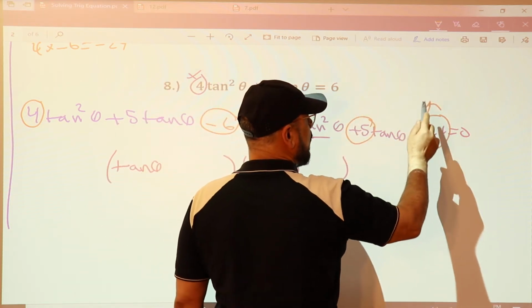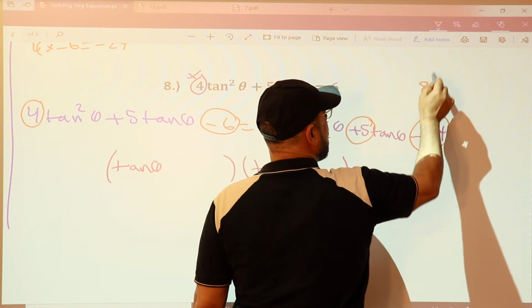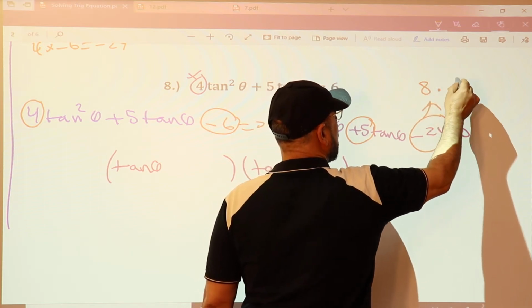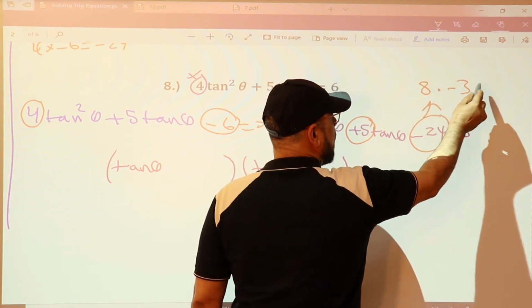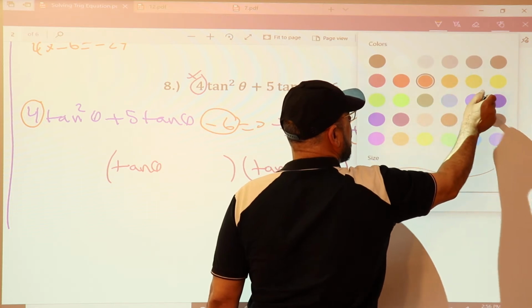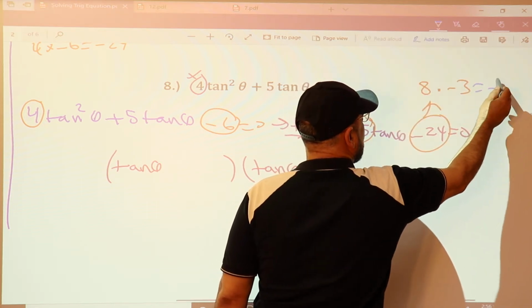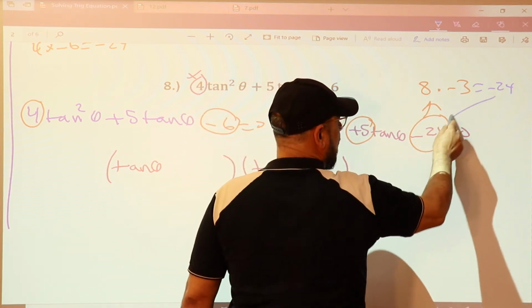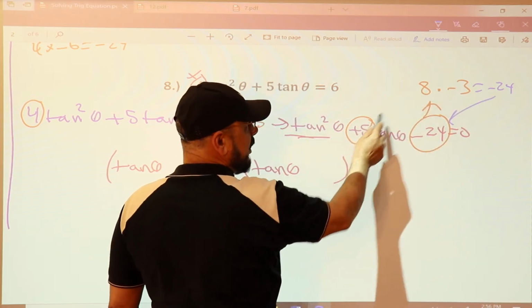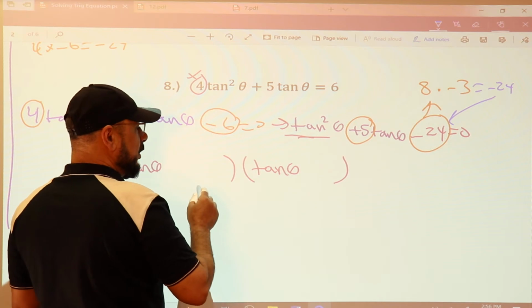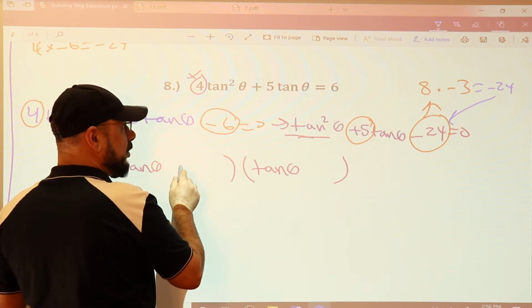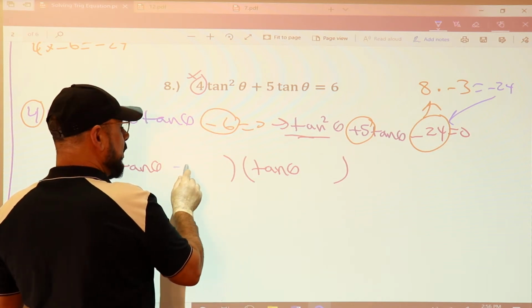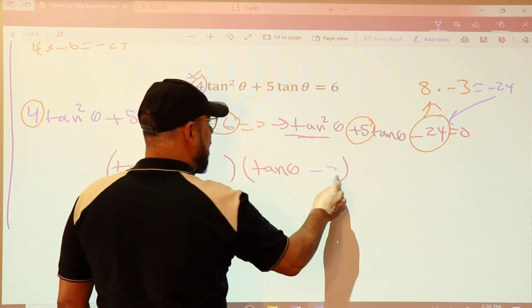Two numbers: 8 times negative 3 gives negative 24, right? And 8 plus negative 3 is 5. Then plus 8 minus 3.